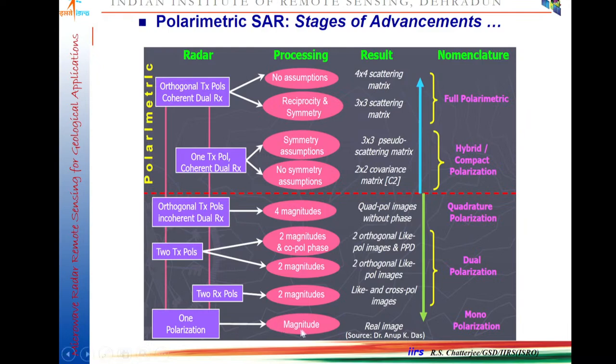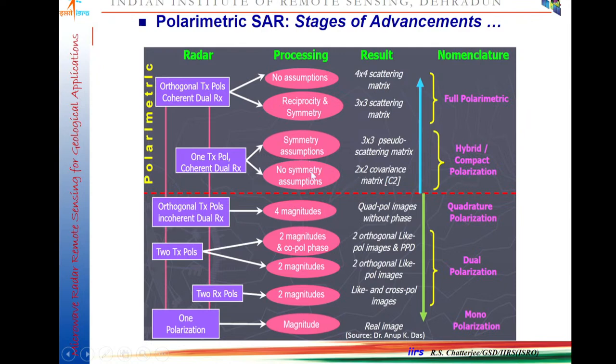So it has both magnitude and phase in case of C-band, but before that you had only magnitude, one polarization, only magnitude, followed by one polarization, one phase, then two magnitude co-polarization phase, okay, then four magnitude, okay, then there is hybrid polarimetry, compact polarimetry, okay.